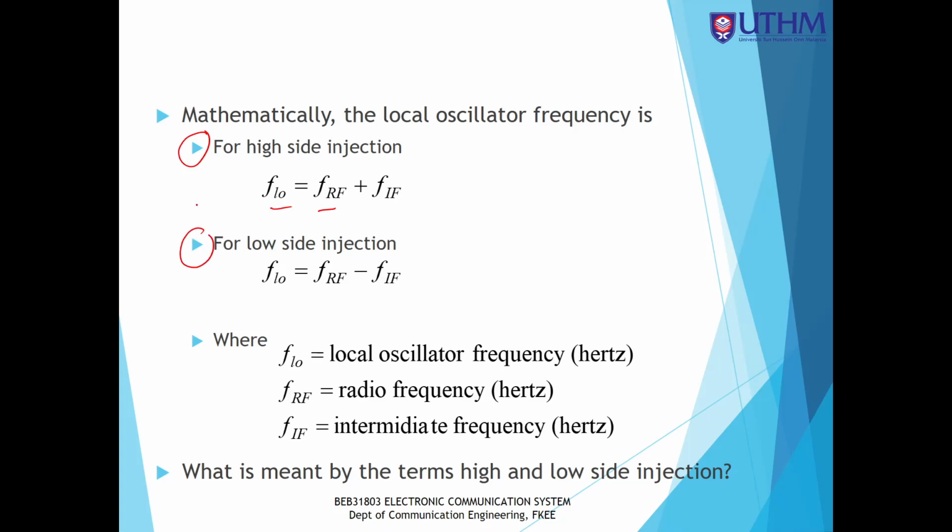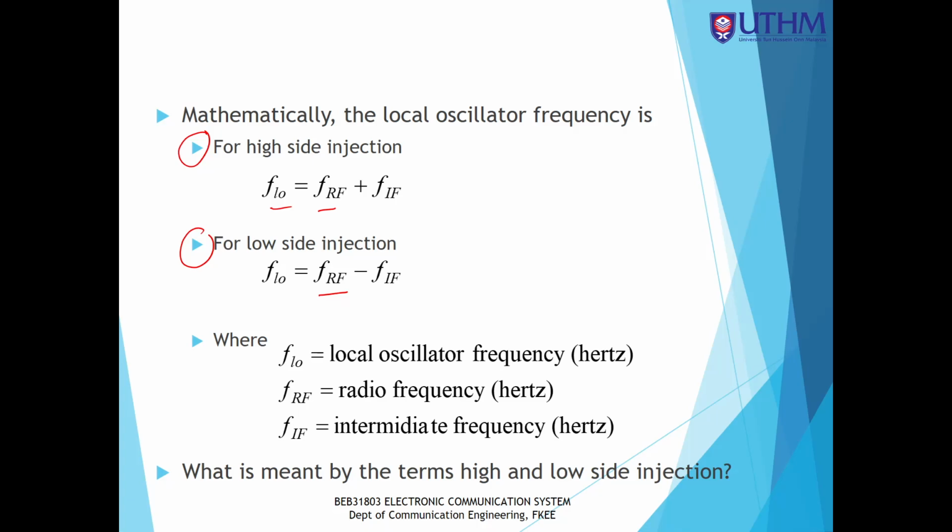If the local oscillator frequency is lower than the radio frequency, we call it low side injection. High side and low side injection are just terminology to describe the frequency bands of the local oscillator and the RF.